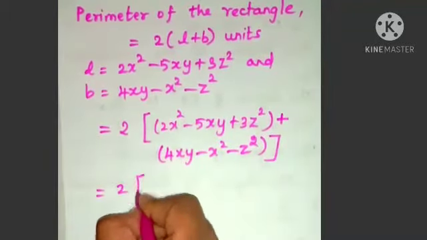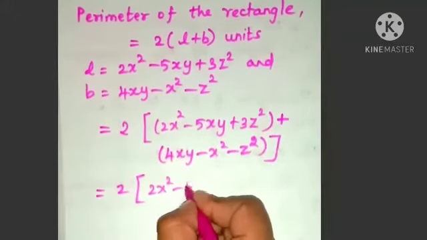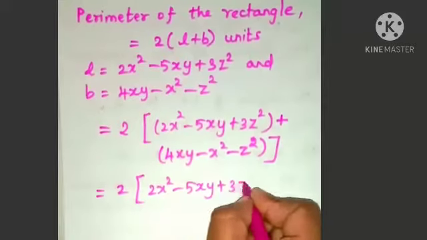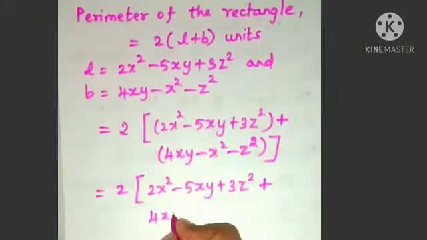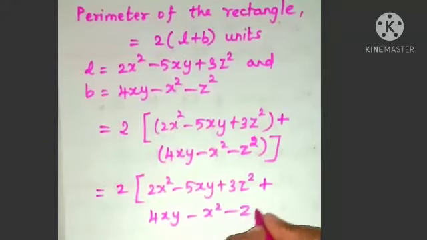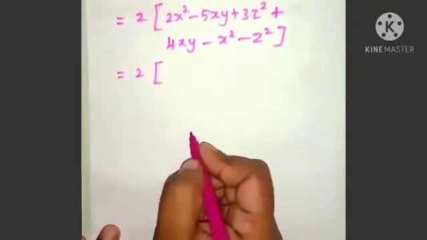Now we get 2 into (2x squared minus 5xy plus 3z squared). We are adding, so write 4xy minus x squared minus z squared. Now students, listen carefully.